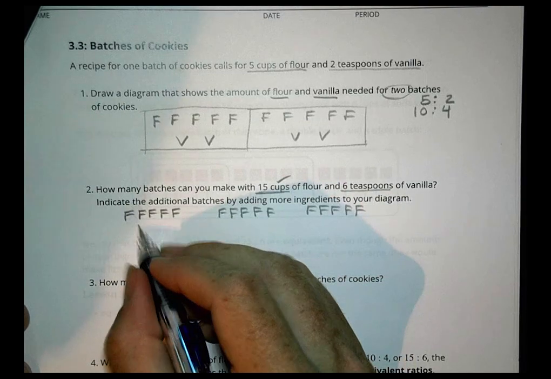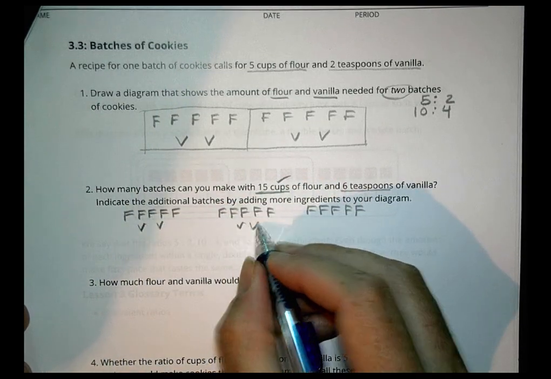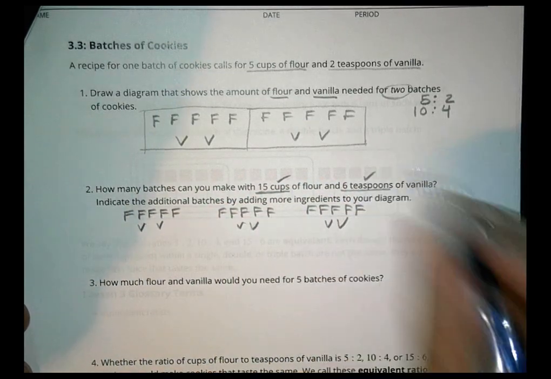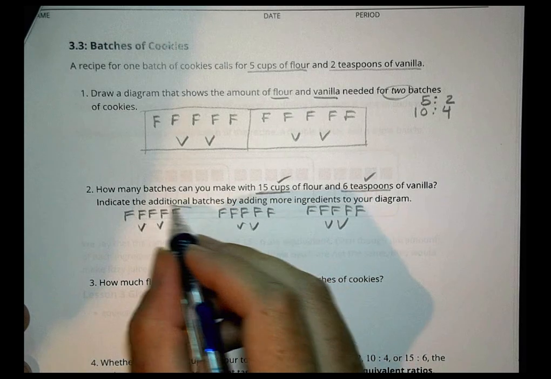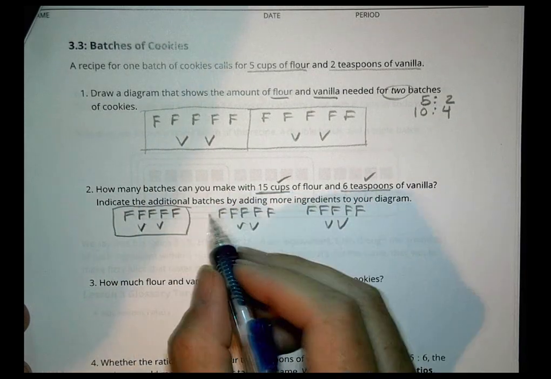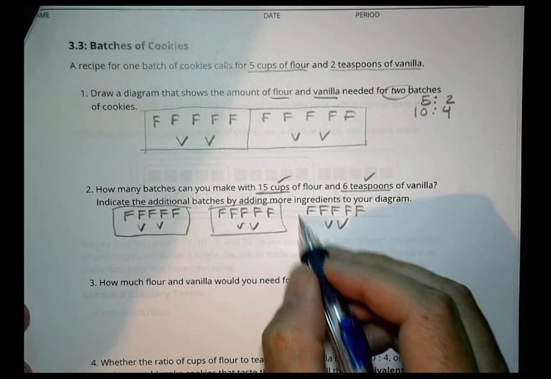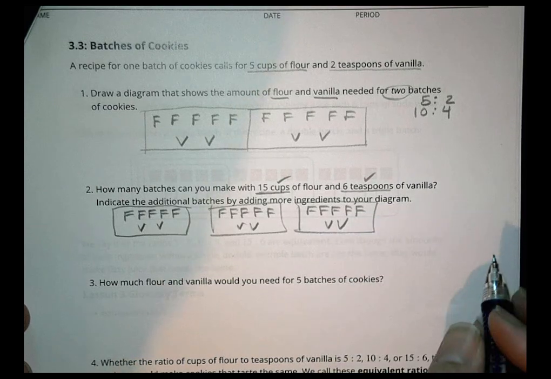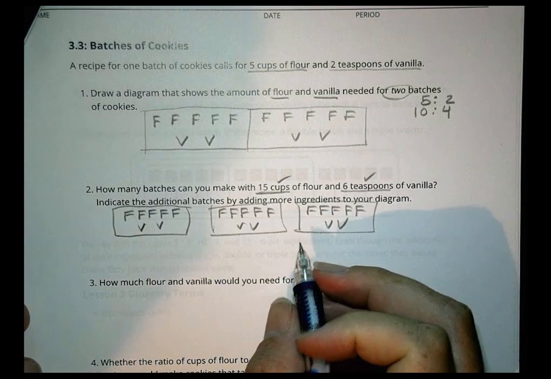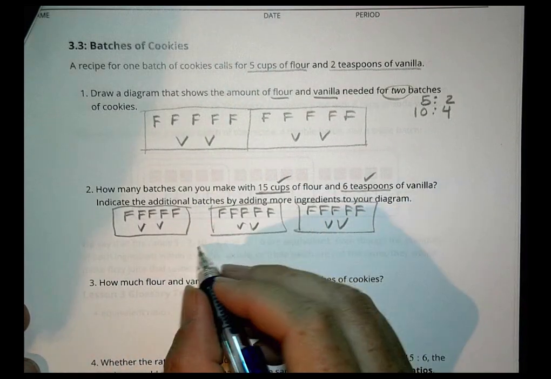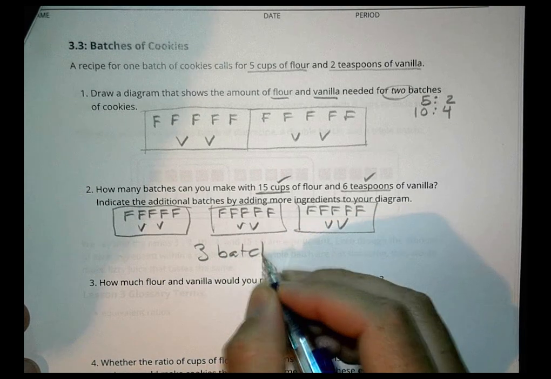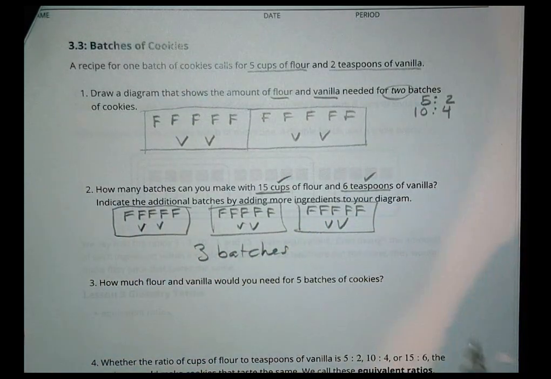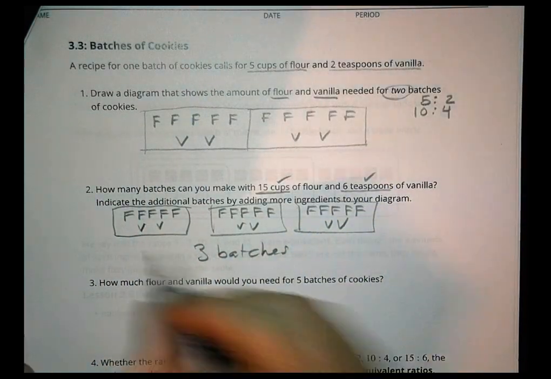Vanilla: 1, 2, 3, 4, 5, 6. There's my vanilla. We know that this is one batch, this is 2 batches, and this becomes 3 batches. So how many batches am I making if I have all that? I'm making 3 batches. And again, they taste the same. I'm just tripling the recipe.